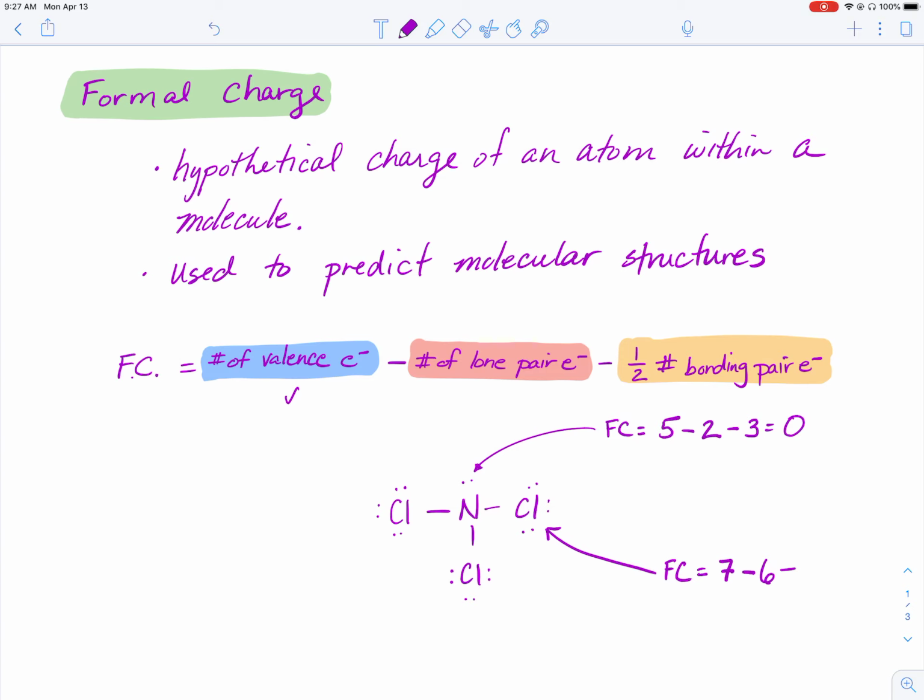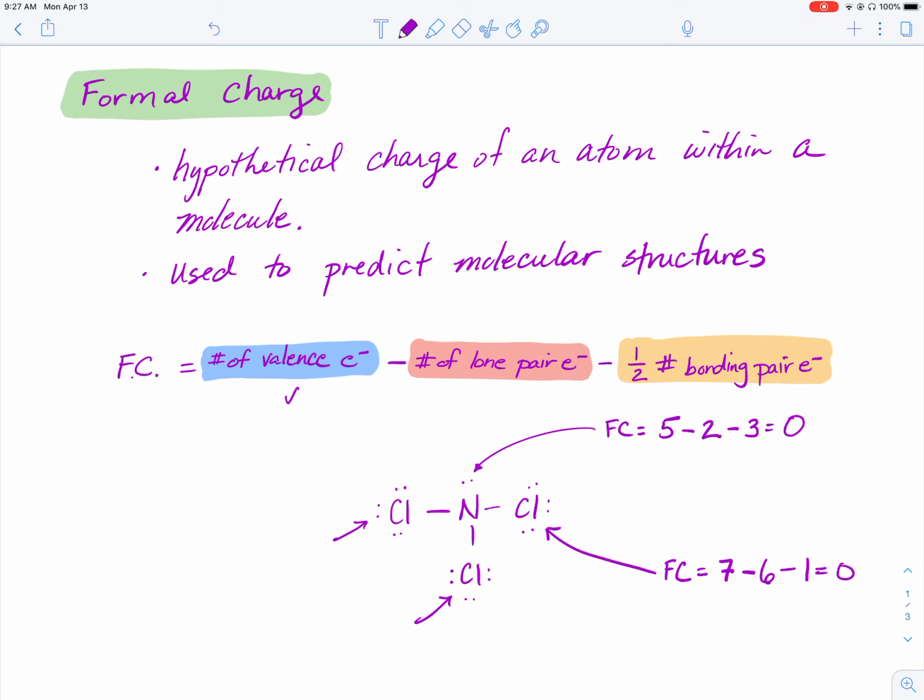And then I'm going to subtract half of the number of bonding pair electrons. There are 2 bonding pair electrons attached to chlorine. I'm going to cut that in half, and it's going to be 1, and that's going to give you a value of 0.